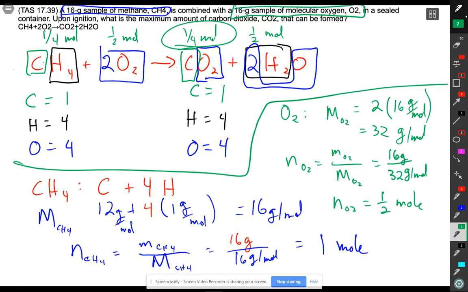That's the work that has to be done to determine how much you're going to have. And of course, these numbers on top here are also important. That's how we got the fact that it's going to be 1/4 mole after we calculate how many moles of each we had.